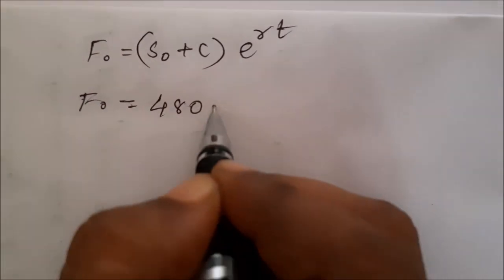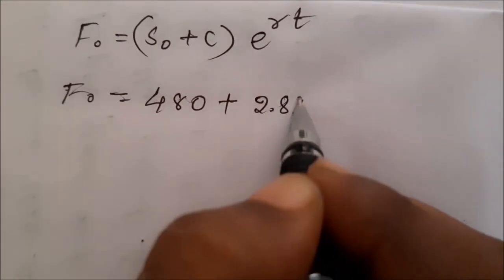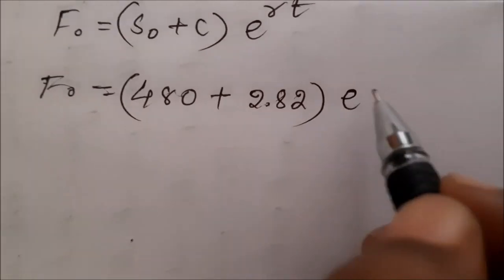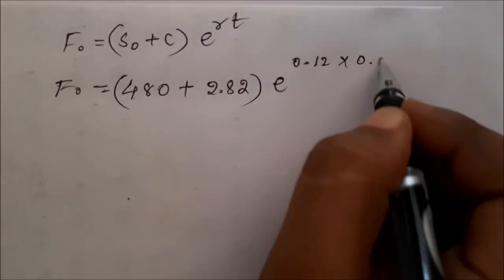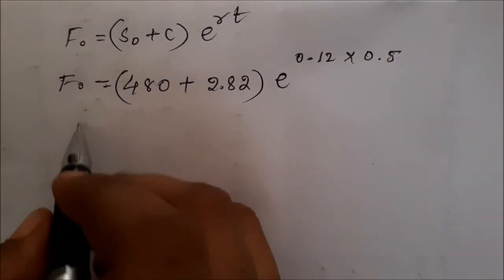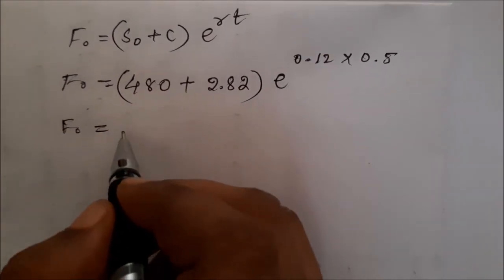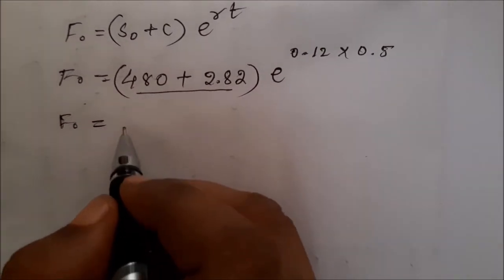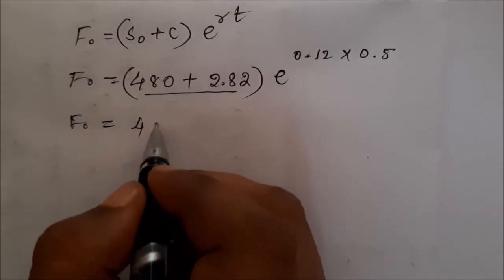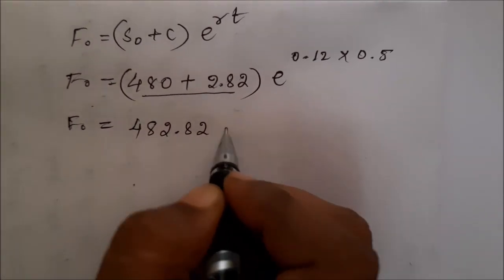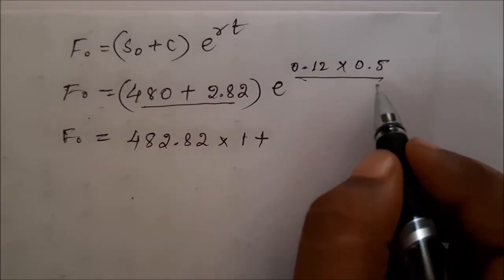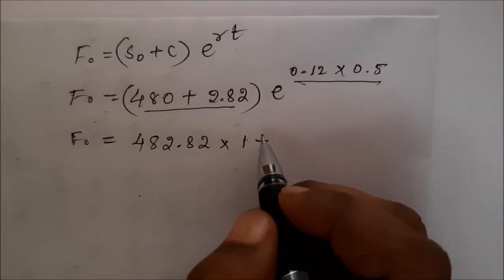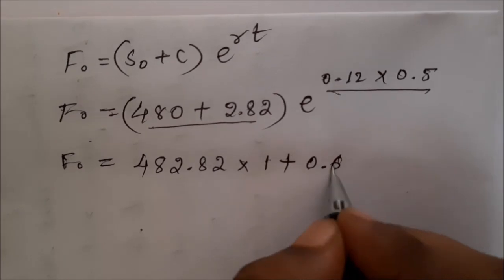Put this data into this formula. Rupees 480 is the spot price, and whatever cost we have calculated here, E to the power R, 0.12 into 0.5. Future price is equal to, add these both, 480 plus 2.82, we will get 482.82 into 1 plus, multiply these both, 0.12 into 0.5, then we will get 0.06.